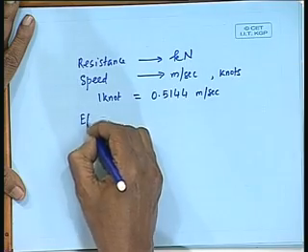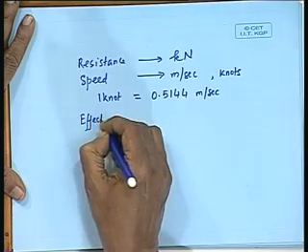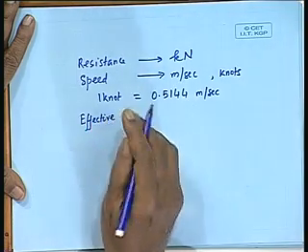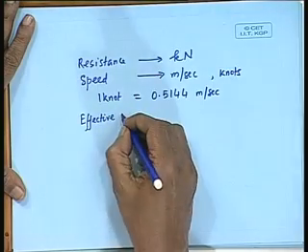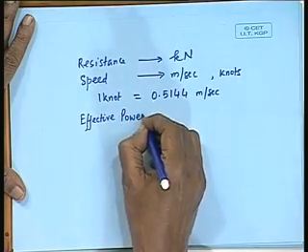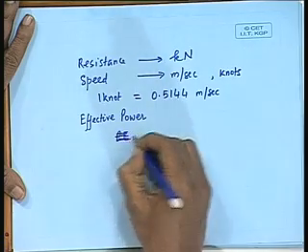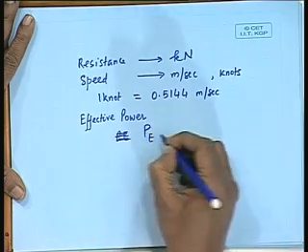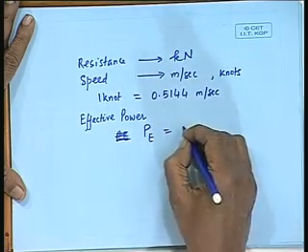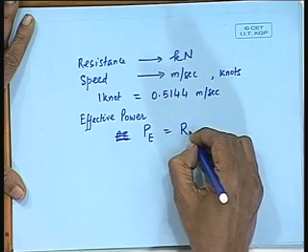Then power, effective power. The power required to overcome this resistance without propulsion, effective power or PE, is normally represented as P suffix E, that is equal to resistance.